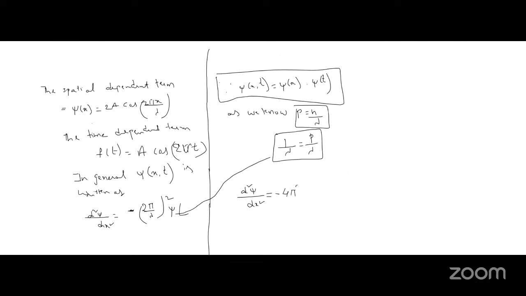In place of 1 by lambda, I am substituting p by h, that is, 1 by lambda equal to p by h. So we get minus 4 pi square p square by h square times psi. This is the equation.